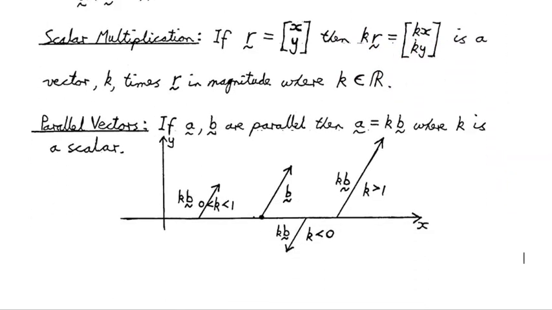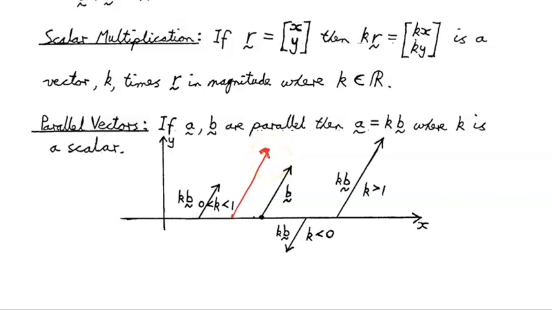Parallel vectors. Now, if vector a and vector b are parallel to each other, then a is simply k times b, where k is a scalar. That k can be greater than 1, in which case k times b is longer than the vector b. So here's our vector b, and what that will mean is that vector a will point parallel to b.